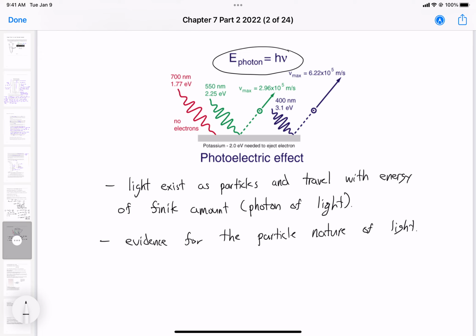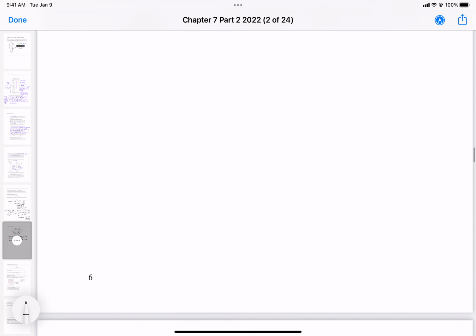So if you have photon energies below that number, no electrons will be given off. And so you must reach that threshold before an electron can be ejected. Okay, so that's the photoelectric effect. And it shows that light exists as particles where energy can be transferred in finite quantities.